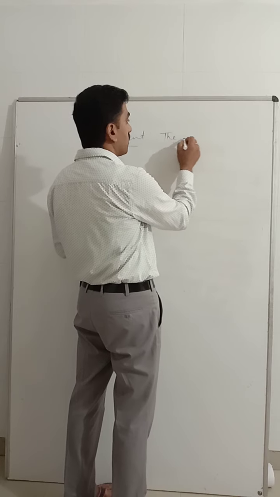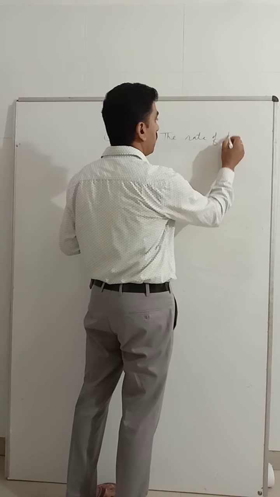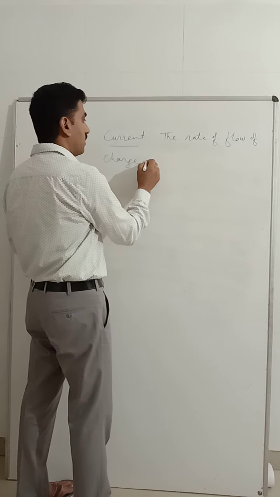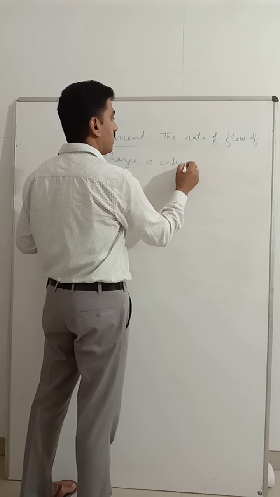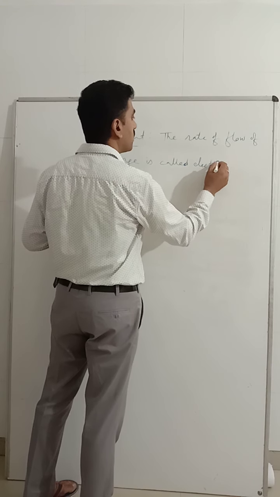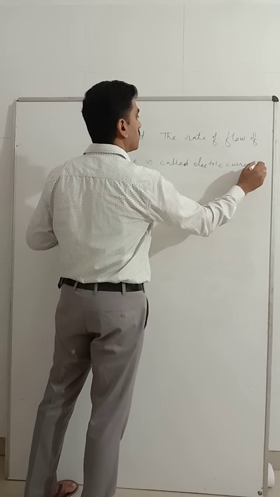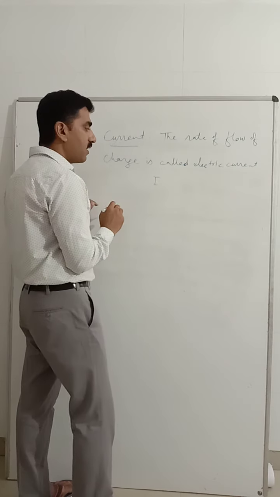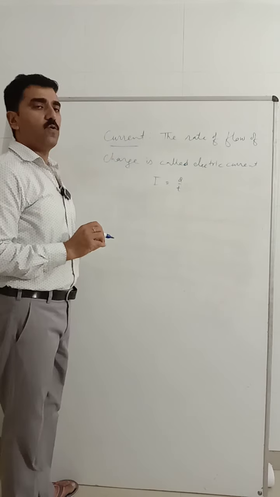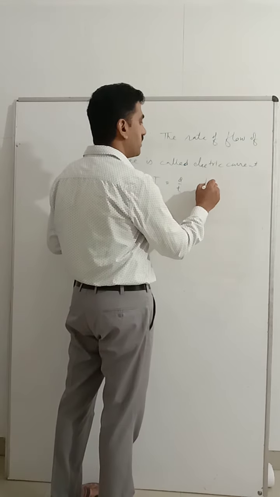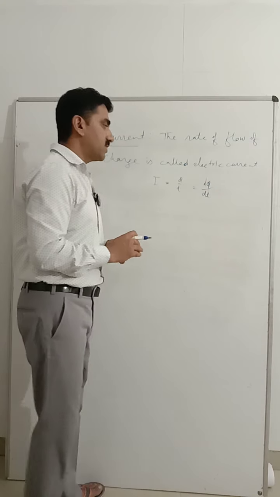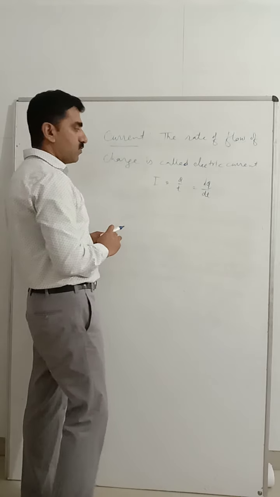Current, the rate of flow of charges, is called electric current. It is represented by I is equal to Q upon T, rate of flow of charge, or sometimes we write it dQ upon dt when we take instantaneous charges, the limiting value of this.